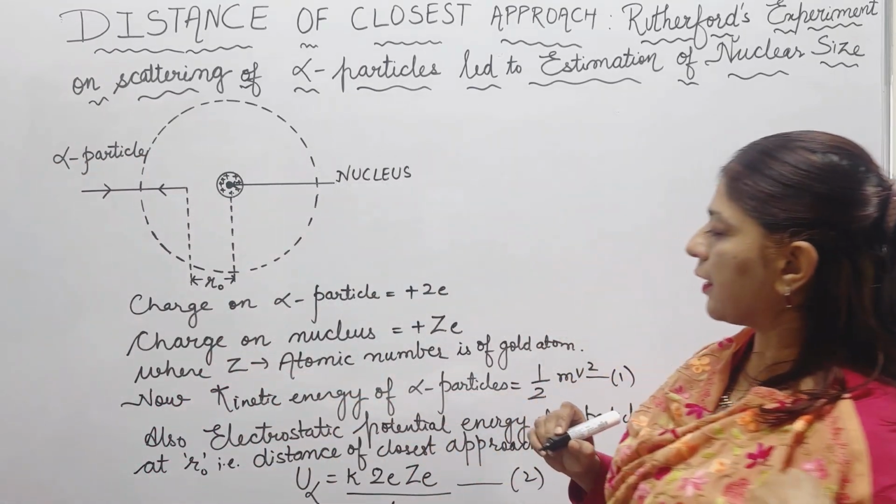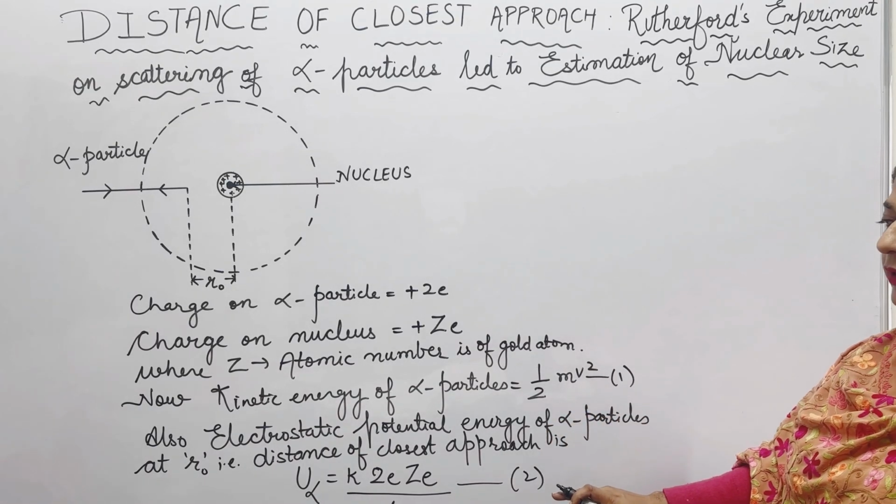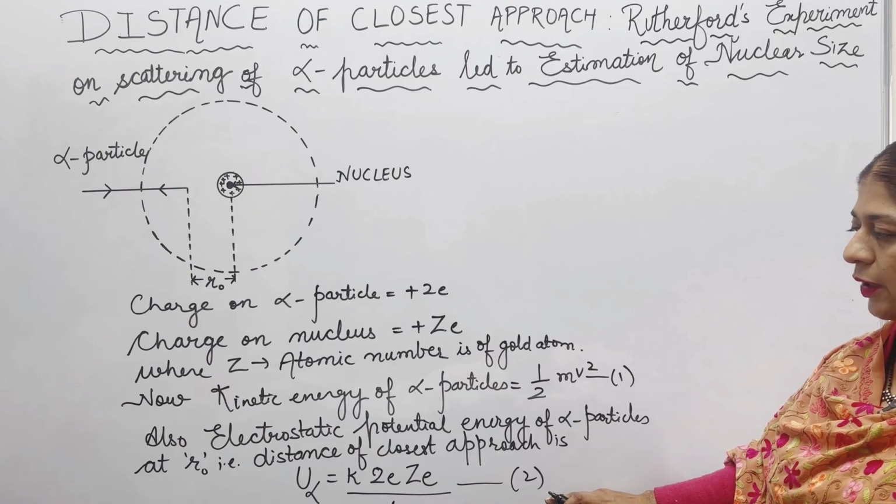Now we know the condition of closest approach, where the kinetic energy of the alpha particle will be equal to its electrostatic potential energy.